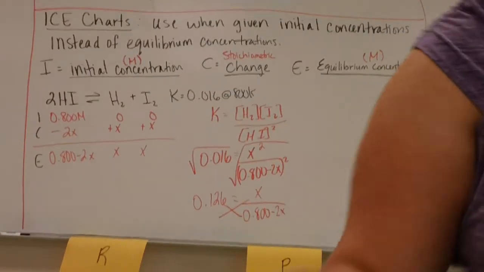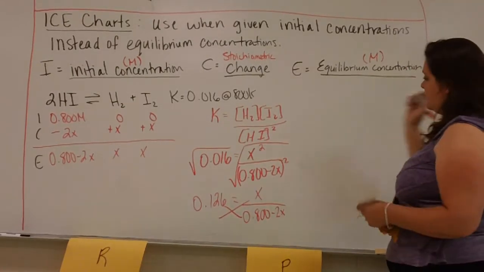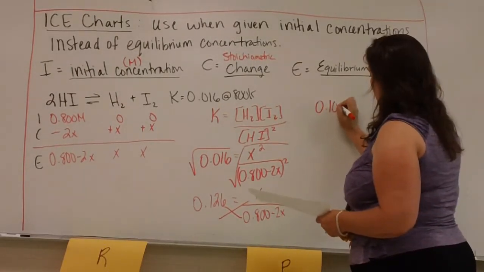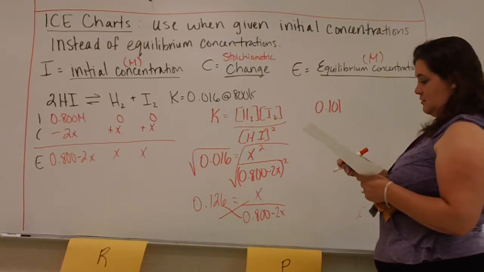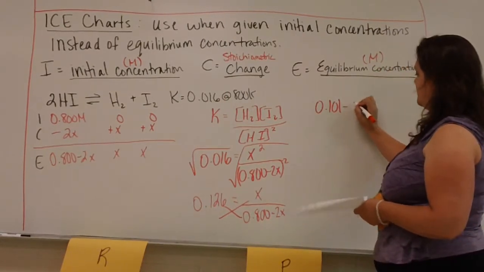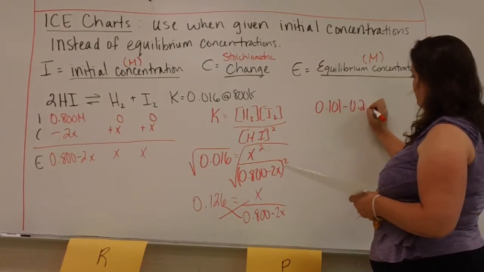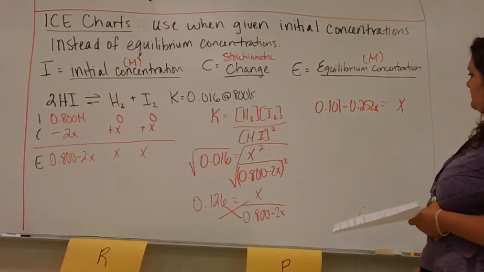And we'll get 0.126 times 0.8 is 0.101. And then we multiply 0.126 times 2, and we get 0.252x, and that is equal to x.